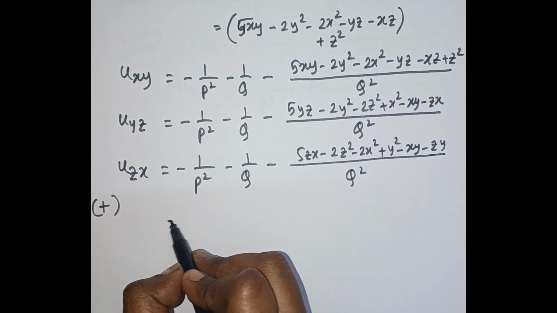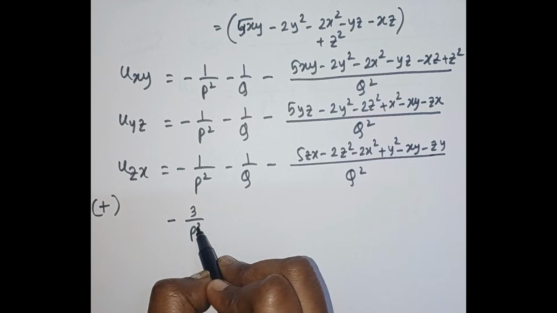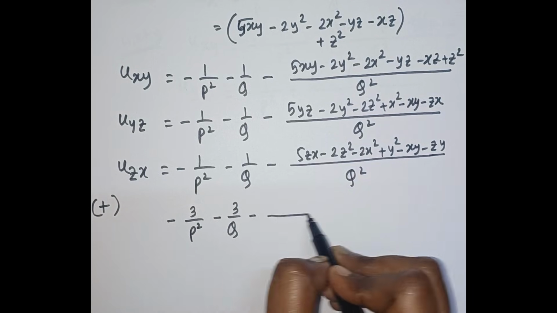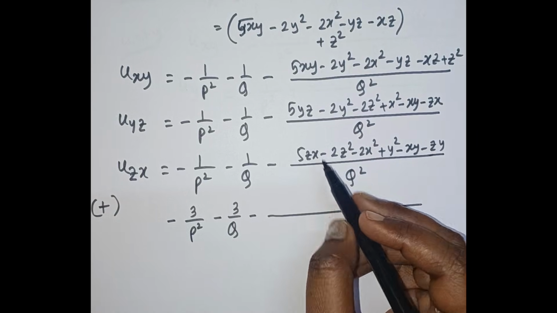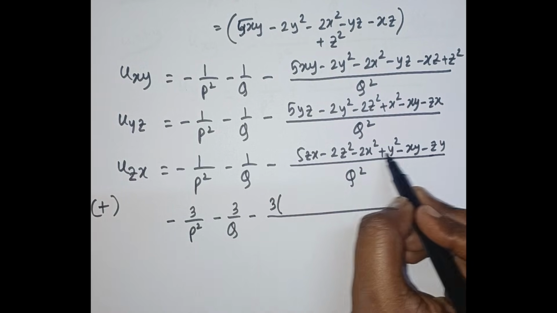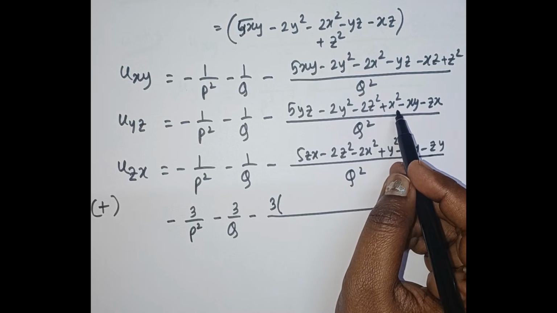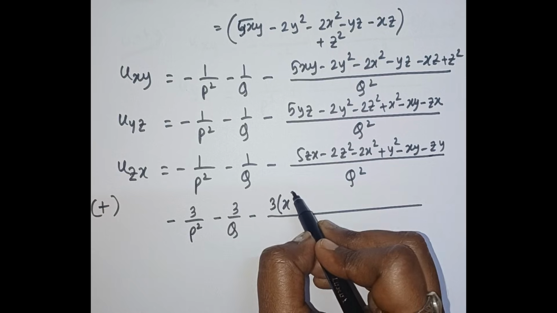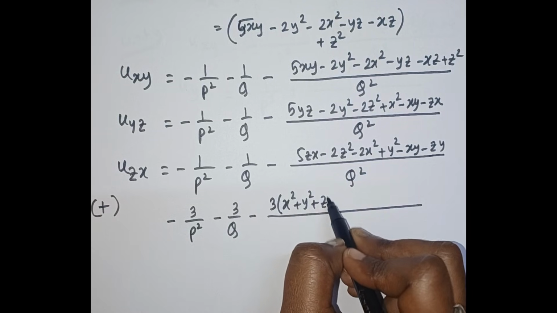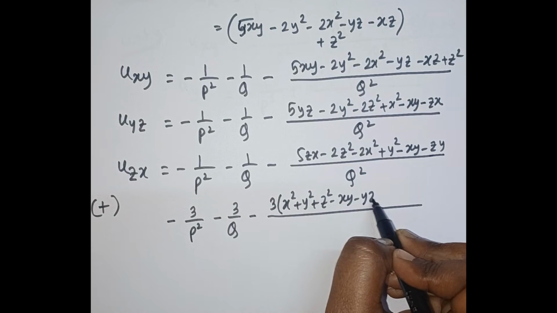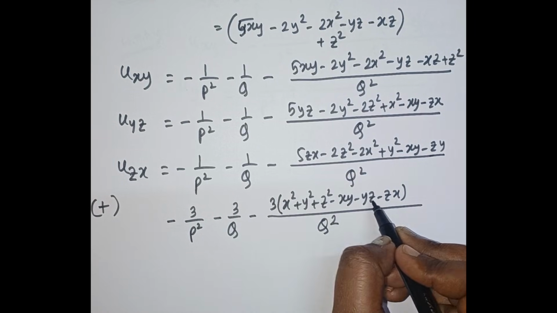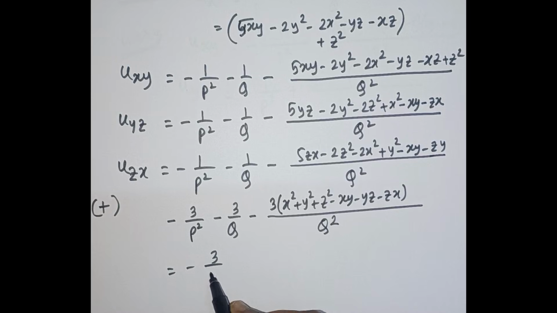So if we add all these, then the summation will be minus 3 by p square minus 3 by q, and then minus, if we add all these terms, then we can get 3 common, and then x square plus y square plus z square minus xy minus yz minus zx by q square, and then minus 3 by p square minus 3 by q.